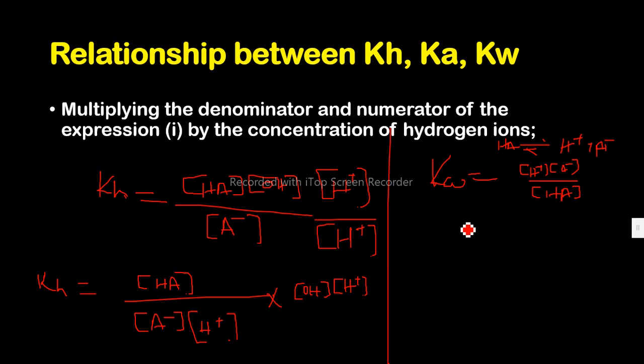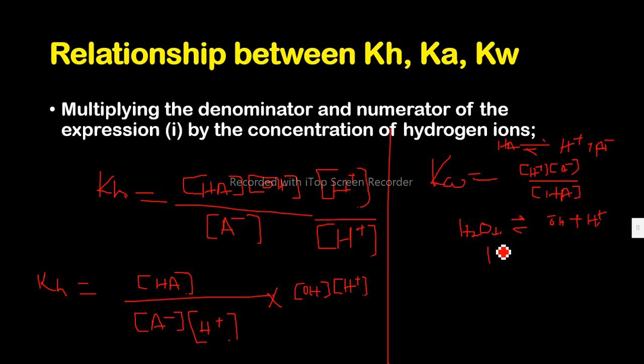And also for water, are you aware that water has this equilibrium? It will ionize to give us hydrogen ions plus the hydroxyl ions. Sorry for that. Let me rub it because you know students, if you don't rub, they will write that very thing.